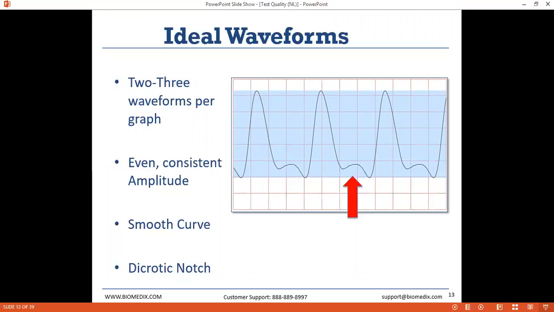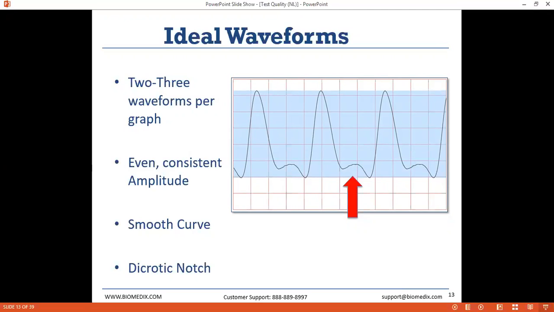We definitely want to make sure that the waveforms have an even, consistent amplitude, which means that the peaks and the troughs are at the same height. Those waveforms are level. Now, obviously, the ones in this demo study here are straight as a ruler. That's often a little bit unrealistic in an actual patient because tiny things can throw off those measurements.